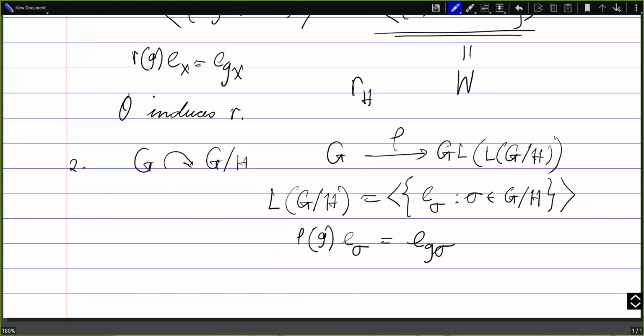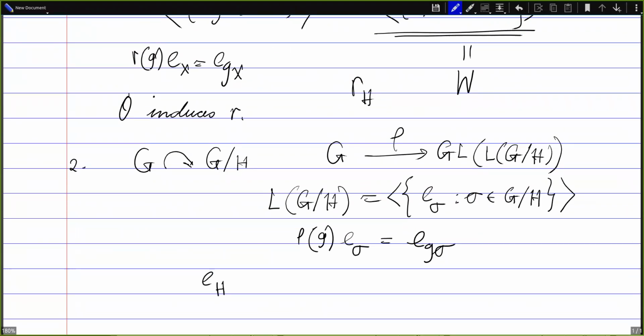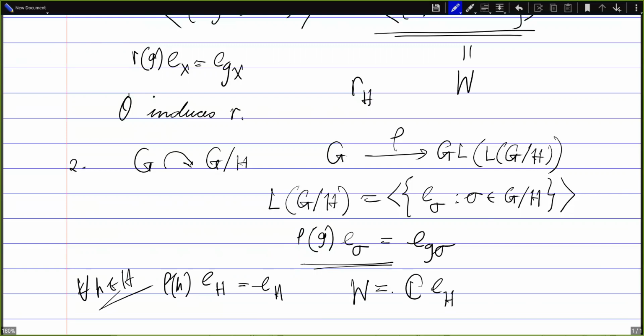So from this we can see that EH, the basis element corresponding to H, is invariant under H for any H in H. Therefore, if we consider the one-dimensional subspace generated by EH, this becomes H invariant, and the sub-representation of the restriction becomes trivial.